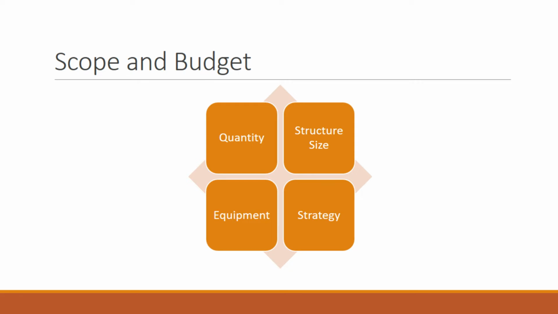The first is the quantity to be produced, second is the general size of the facilities required, third is identifying the main equipment needed, and fourth is the general strategy for finish and fit. Interviews with the impacted parties or stakeholders should be used to build the requirements, as I just mentioned.